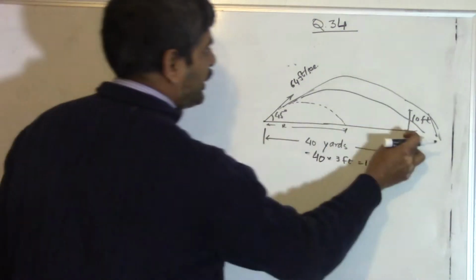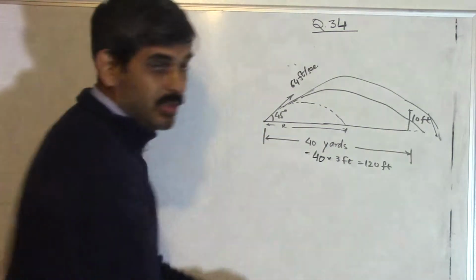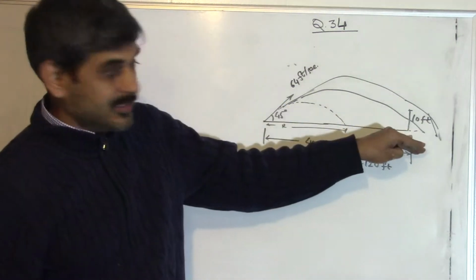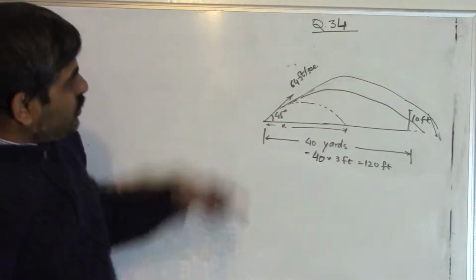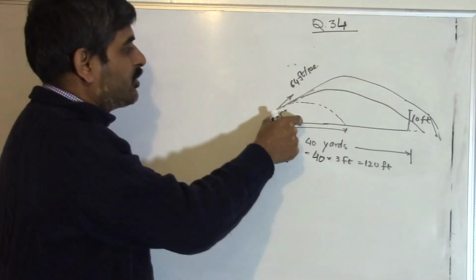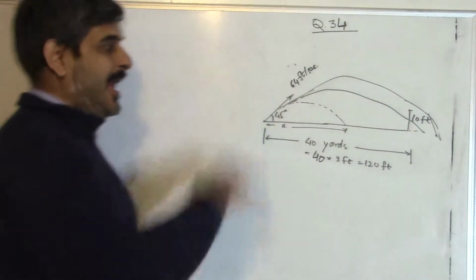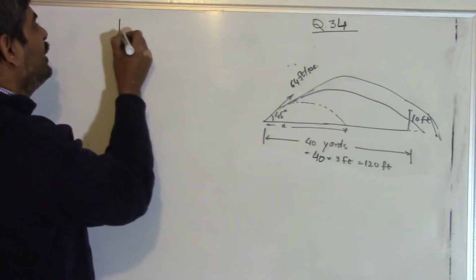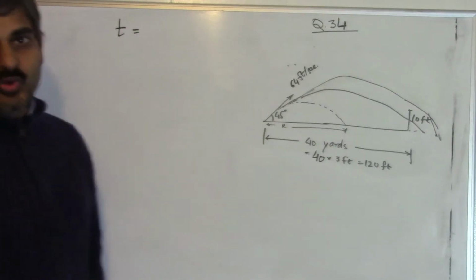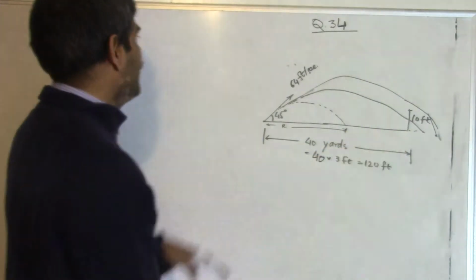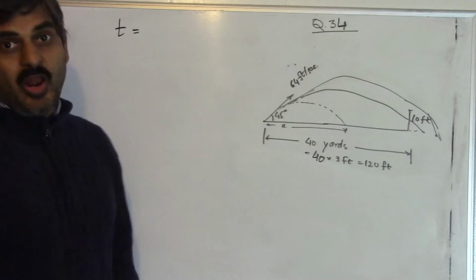To calculate this time t, we will take this horizontal distance and make use of the horizontal component of this velocity. Again, the separation of the horizontal and the vertical. So t will be equal to the horizontal distance divided by the horizontal velocity.